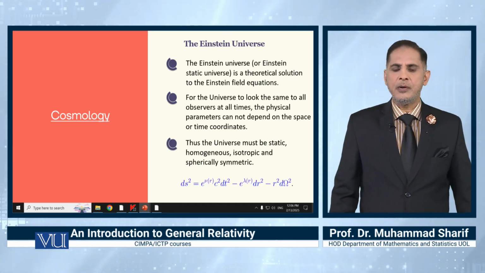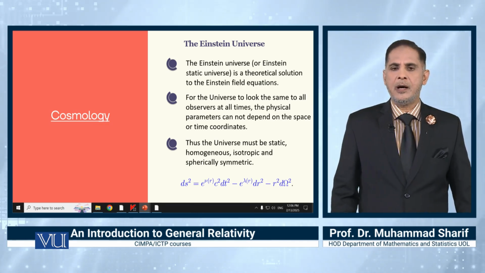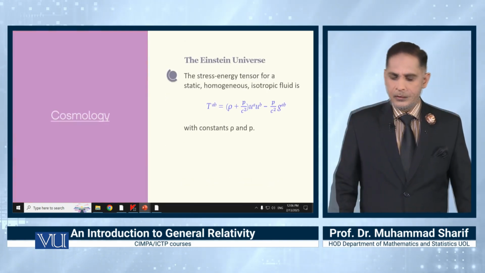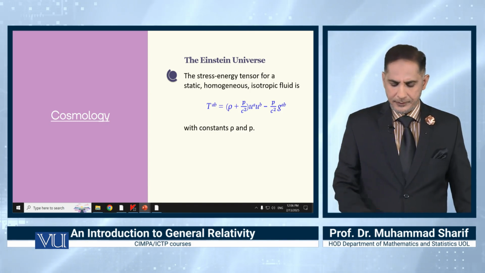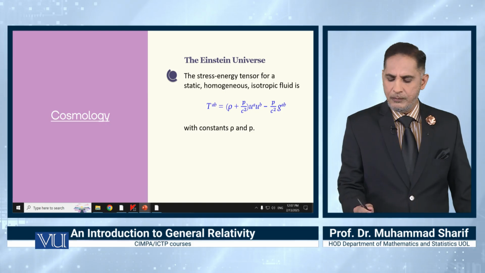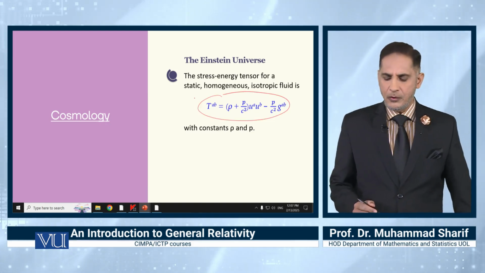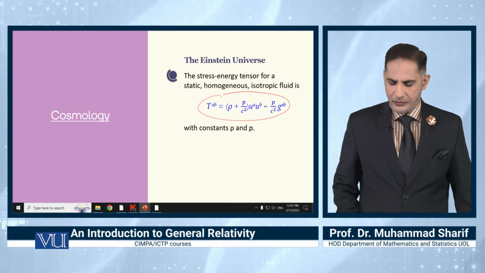So, in fact, we need to take the universe model like this. Here, obviously, nu and lambda are arbitrary functions of the radial coordinate r. We can take the stress energy tensor for a static, homogeneous, isotropic fluid as follows. Here is the expression for a perfect fluid. However, for the strong principle to be valid, rho and p, which are the density and pressure, must be constant here.